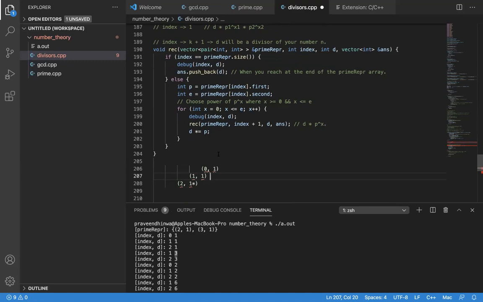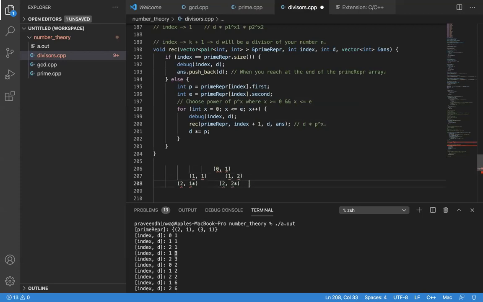From 0, 1, you can do d multiplied by p. So you can go to index 2. From 1, 2, you can decide to choose x equal to 0. So index will become 2, and this is your divisor.